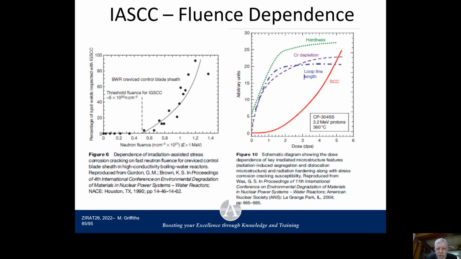So the implication here is that you have chromium depletion, which can increase the intergranular track, and hardening, which can also result in higher crack rates, I guess, because you end up with an effect then on the plastic zone at the edge and the end of a crack tip.